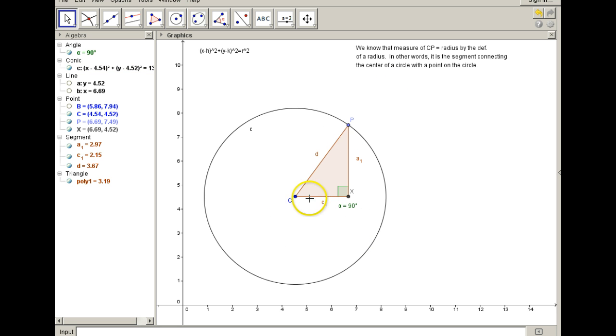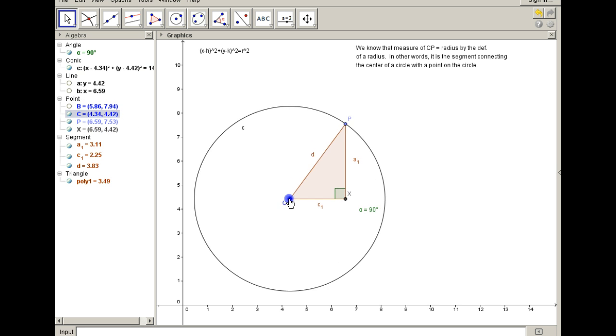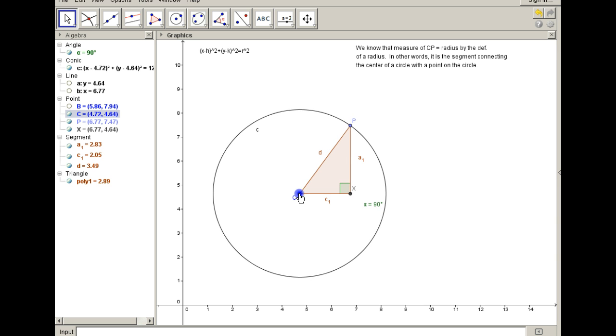So now what's the measure of CX? Well, we know that CX here is going to be equal to the distance between point C and point X. Okay, but let's not use these actual coordinates for C. See, C is at 4.54, 4.52, but I could move that, and it would adjust the circle.